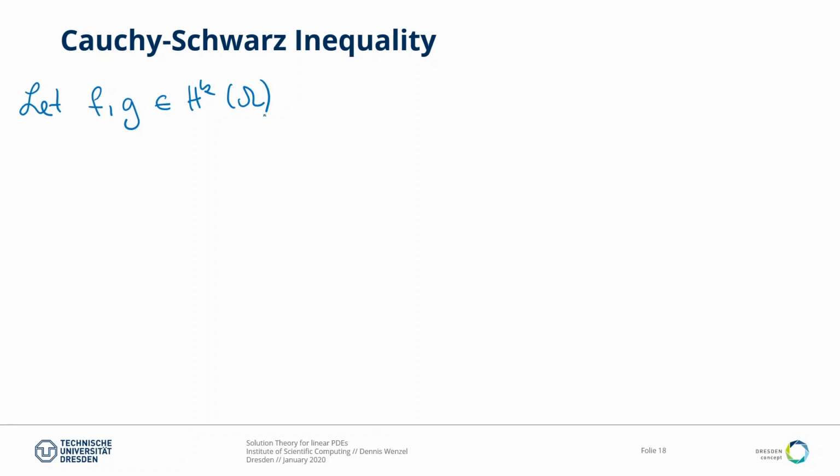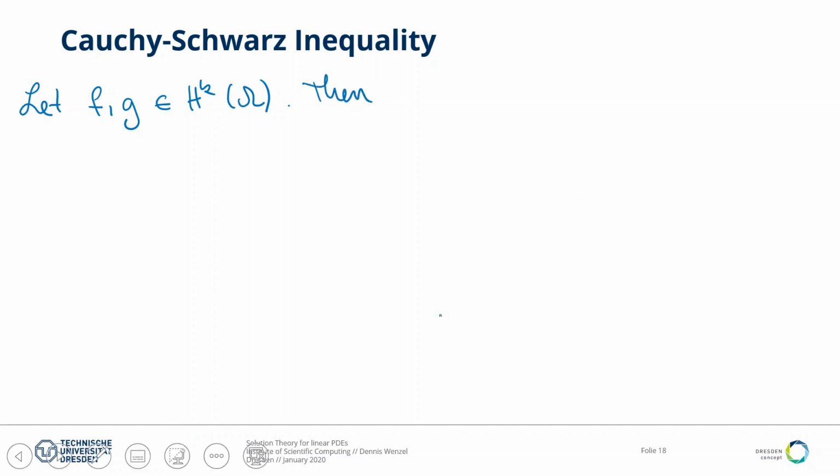And here you see why I wanted to note that L2 is in a sense H0. So this result that we see here is true for L2, for H1, for H2, and for every other H, for any other Hilbert space actually. So let f and g be in Hk.